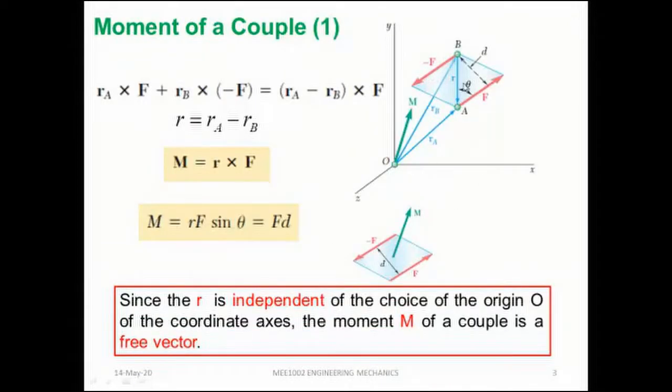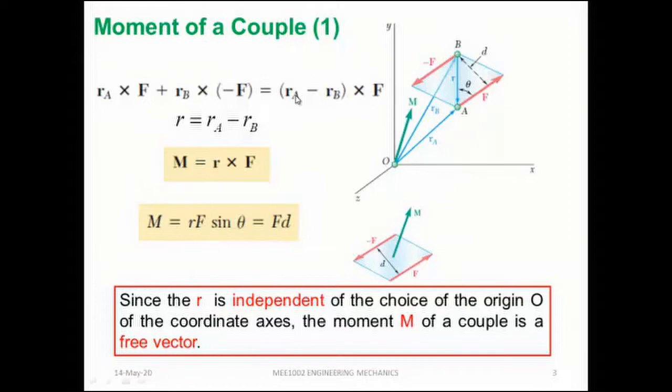Now if you sum this force, it will go to 0, but the moment will not go to 0. So if we write the force vector for this about O, so RA the position vector and this is the force vector, RB is this position vector to B where the force is acting, and if you just take the moment and add, we get RA vector minus RB vector cross F vector.